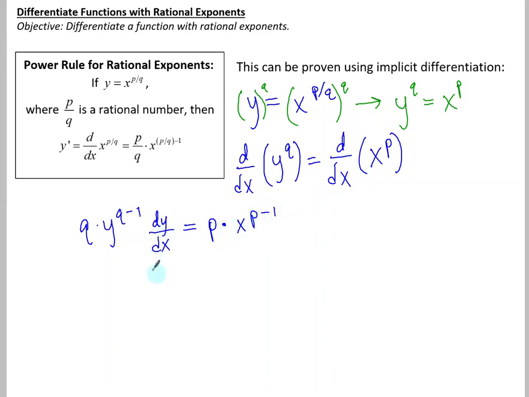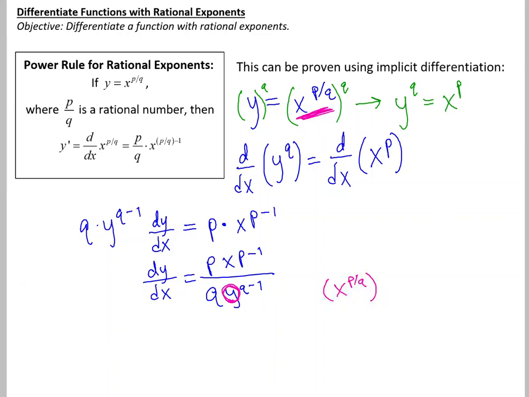Now I divide by the stuff dy dx is multiplied by to get dy dx by itself. So I have p times x to the p minus 1 over q times y to the q minus 1. Now, of course, we don't have to write this as y because y is equal to something that has x in it. So we'll rewrite that part as x to the p over q and include all the other parts around that.